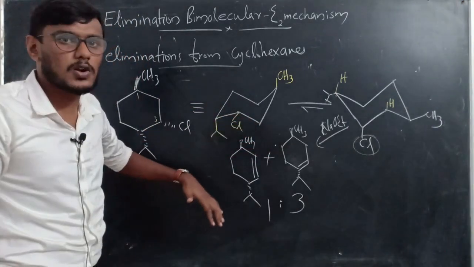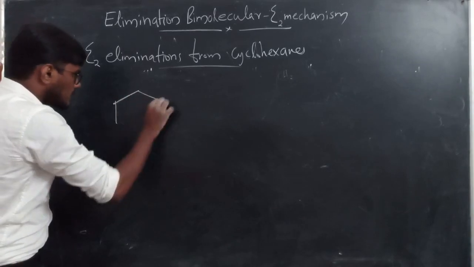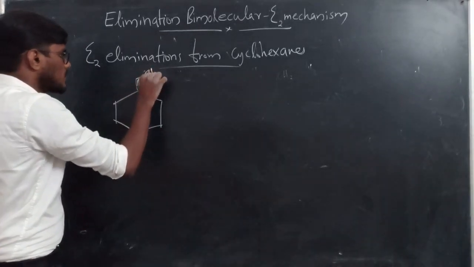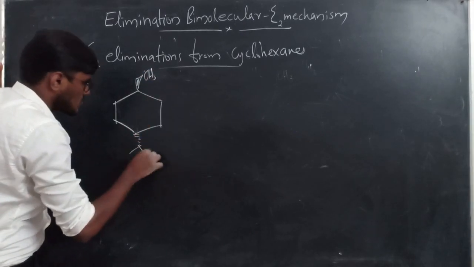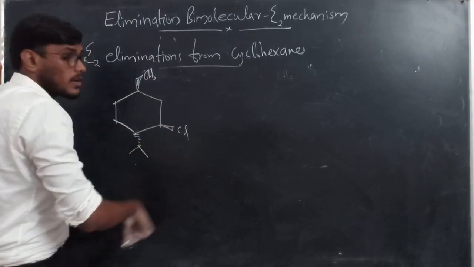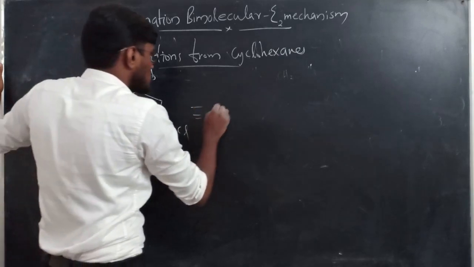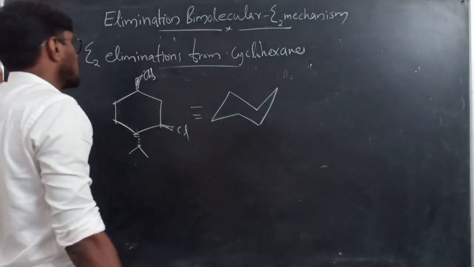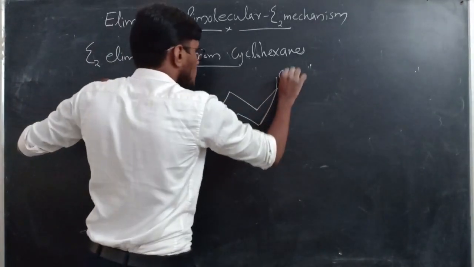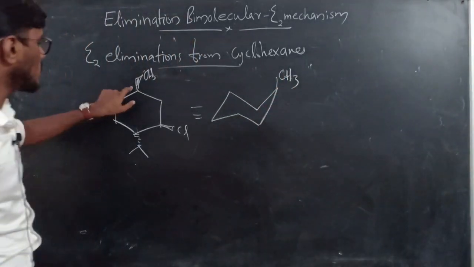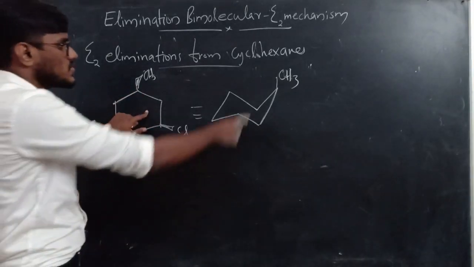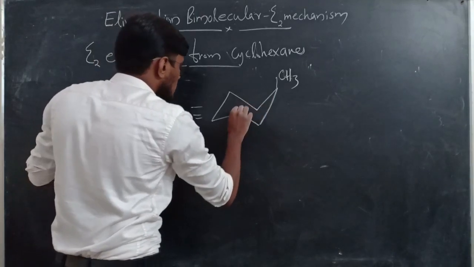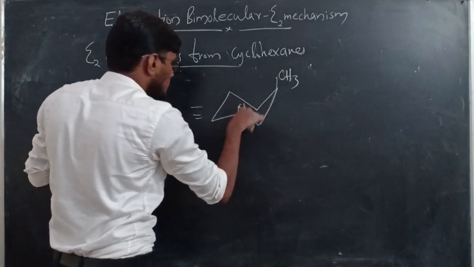And what about menthyl chloride? This is the menthyl chloride, CH3, isopropyl group, this is the chlorine here. So convert it to this chair form, and similarly CH3 is here, and these are cis to each other. 1,3 cis is one axial, this one axial, so chlorine is here.